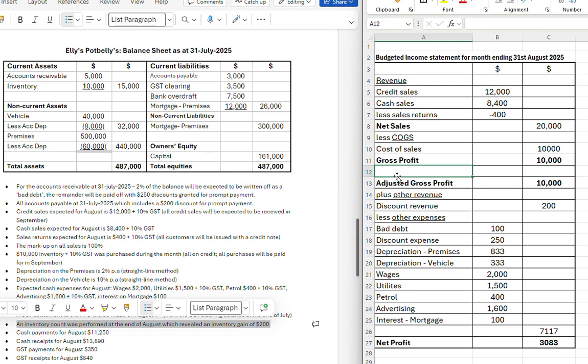So therefore, we're going to plus an inventory gain of 200. All right, so the beauty of Excel is we've worked out our GP, adjusted GP, we've added our other revenue, and we've subtracted all these trading expenses to give us a final net profit of 3283.